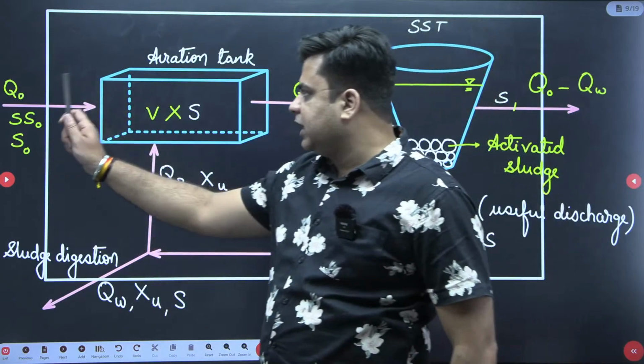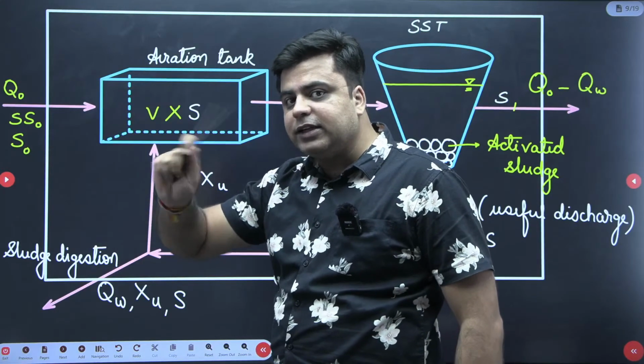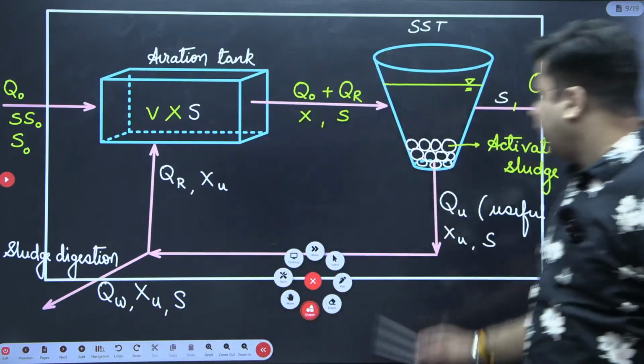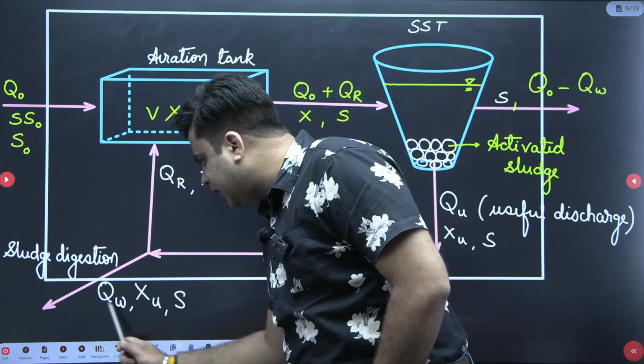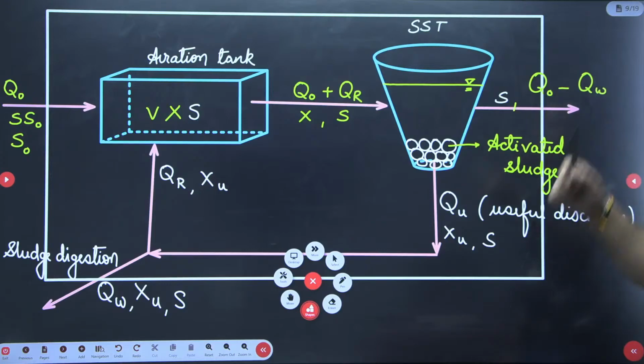The total discharge entering the system is Q naught. The discharge moves out from 2 places. If the discharge moving out from here is QW, then the discharge that will move out from here will be Q naught minus QW.